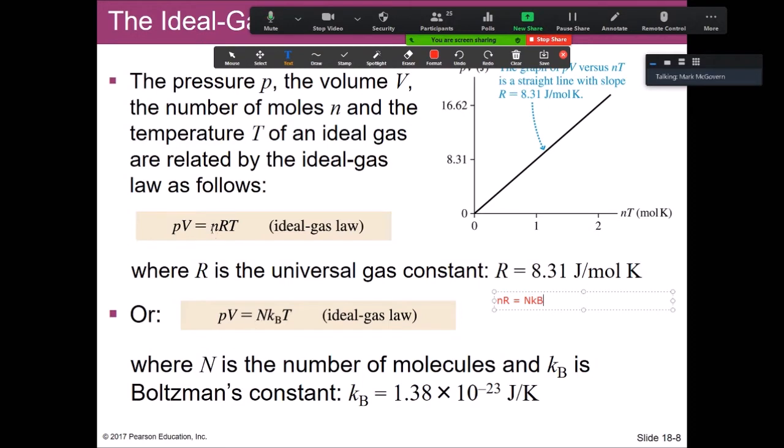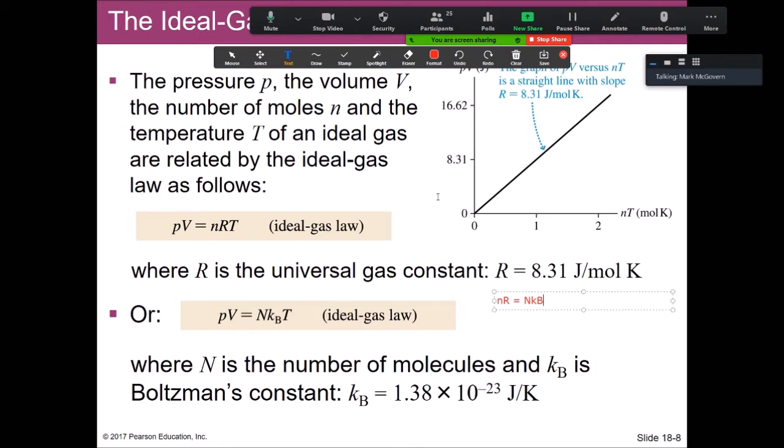So there's a conversion going on here to convert the number of moles into molecules. And that's simply done by dividing R by Avogadro's number, right? It's 10 to the 23rd, and we end up with this number right here. This is the Boltzmann constant. That's just the universal gas constant divided by Avogadro's number, and that's in joules per Kelvin.